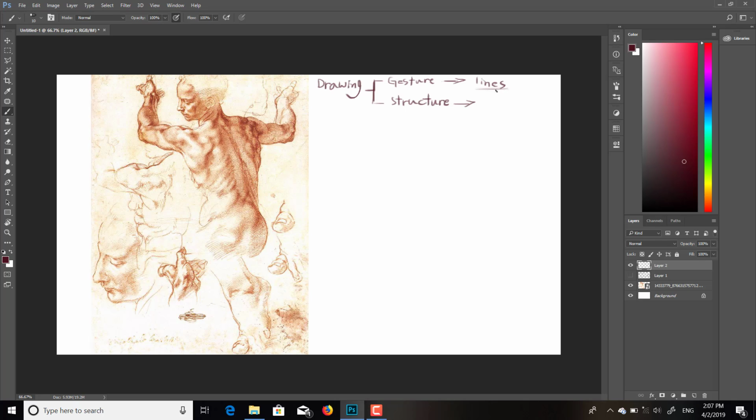Lines aren't adequate by themselves, but if you add structure to it, your drawing would have a sense of volume. So structure is form and mass. Let's put it this way: 3D and 2D primary forms.